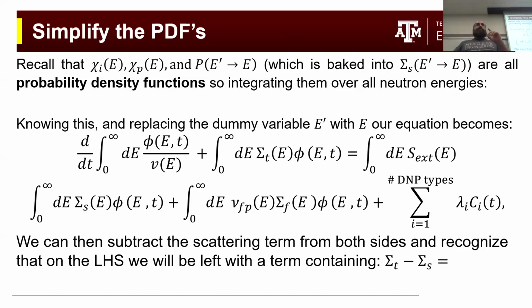So when I integrate those probability density functions over all neutron energies, what do I get? You get one, right? All of those integrated from 0 to infinity give me a 1. So if I know that, and then I replace that E prime variable with just the regular variable E, then my equations are going to look like this.